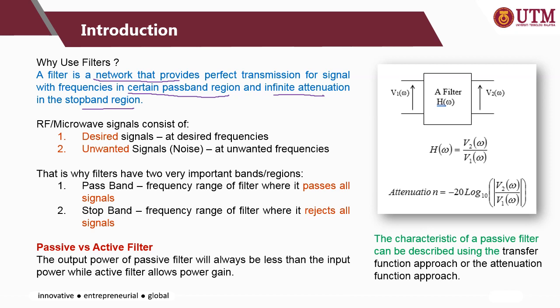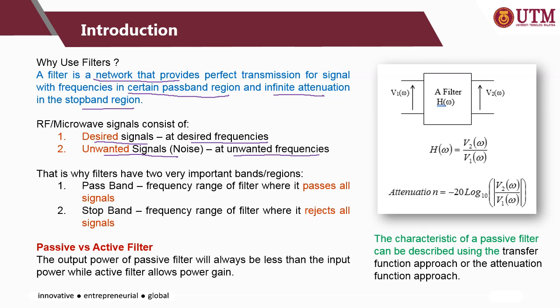So for an RF microwave signal, basically it consists of the desired signals and also the noise or unwanted signals. Okay, the desired signal usually lies within the specified frequency bands, while the noise or unwanted signal lies outside of the desired frequency bands.